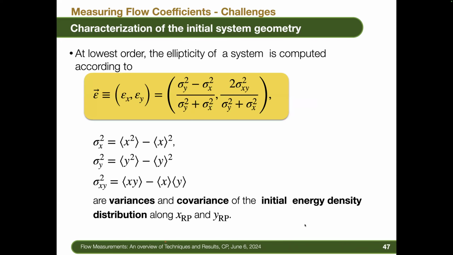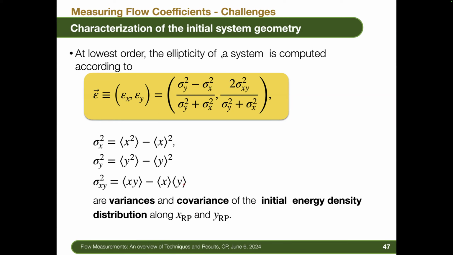So let me cut to the chase when it comes to the eccentricity. The eccentricity is defined in terms of expectation values: the variance, or if you will, the width in X of the overlap or participant region, the width in Y of this participant region, and sort of a covariance of the two.